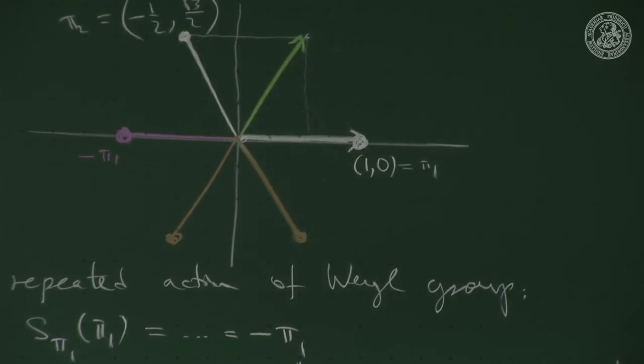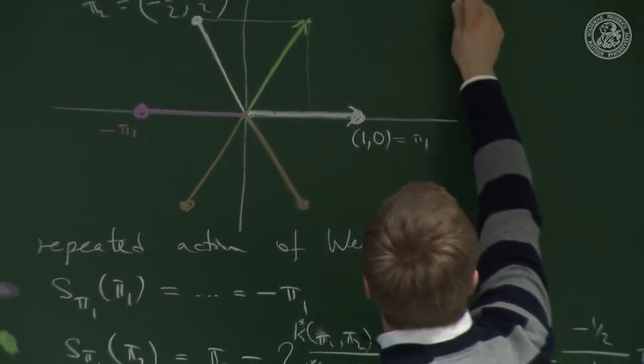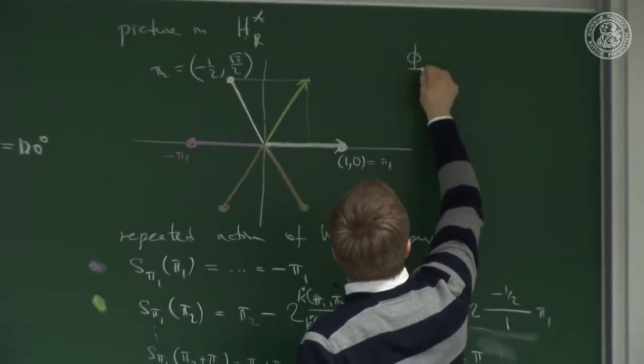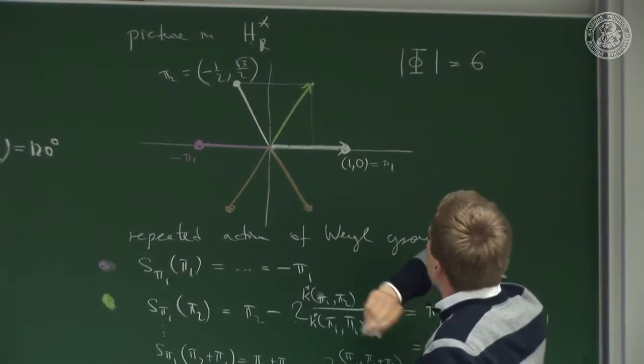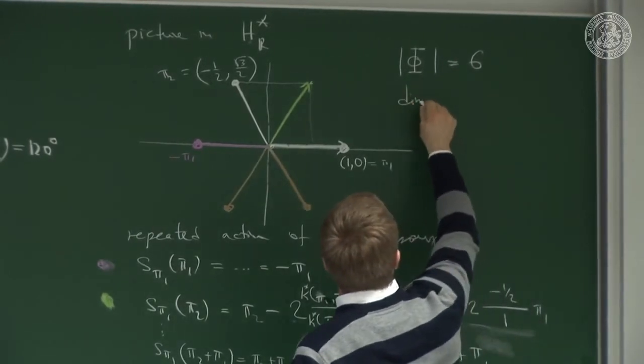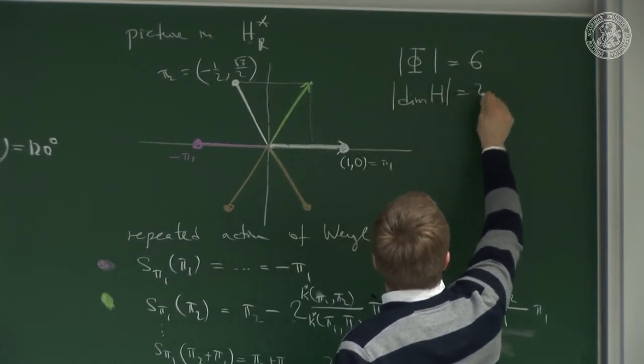So what do we have? We have a root space of size 6, and we have a dimension of h which is 2. How do we know this?